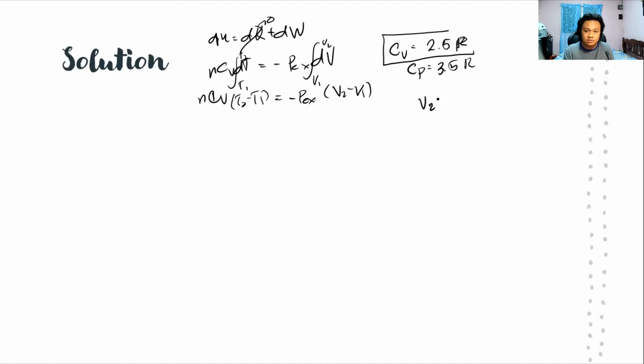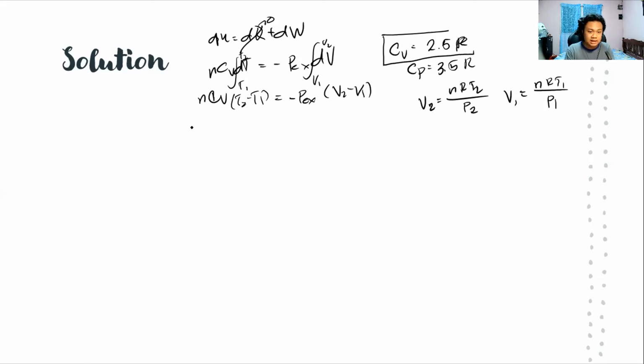V2 is nRT2 over P2, and likewise for V1 we have nRT1 over P1. Let's just substitute that here because we're not given the volumes. We are given the pressure and the temperature.